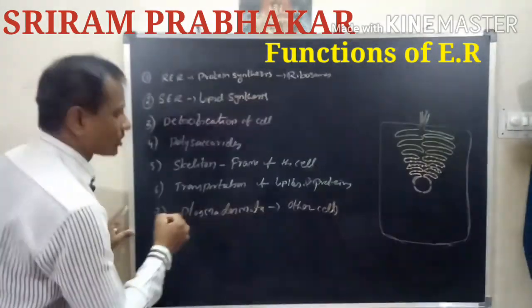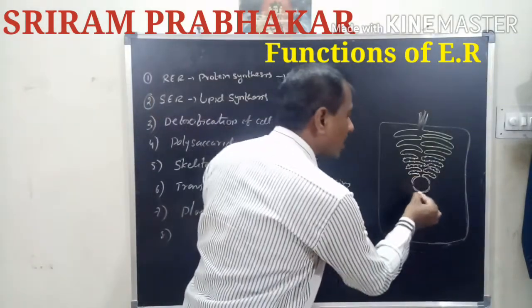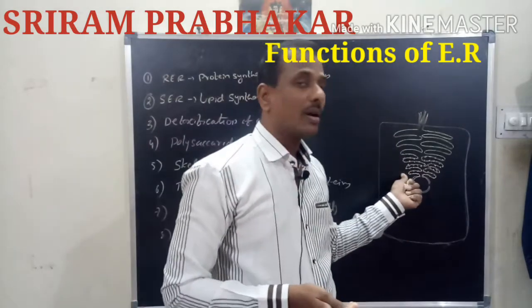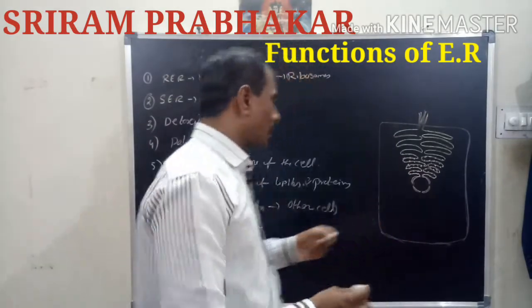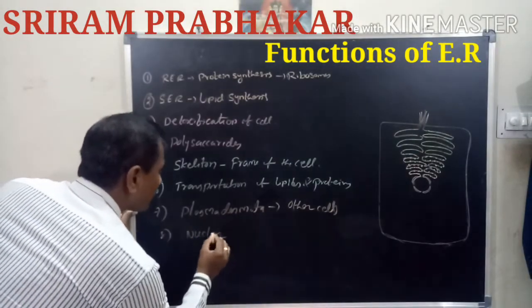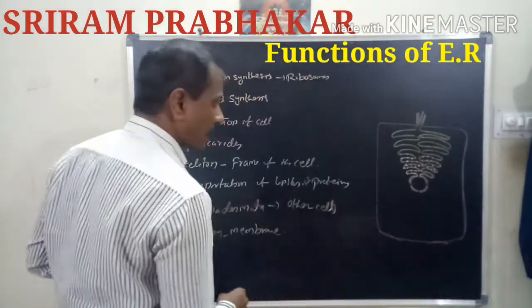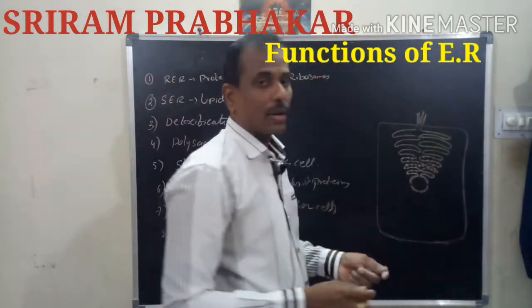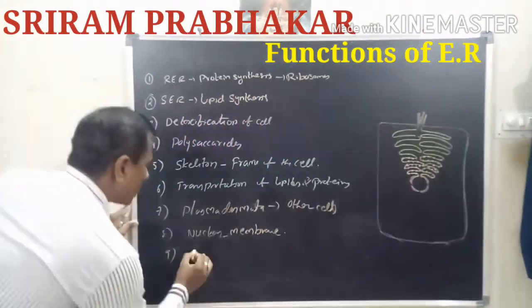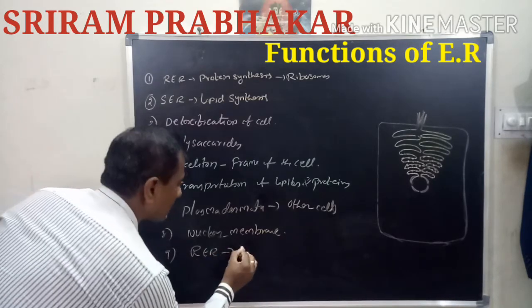Then next one. Some scientists said that the nuclear membrane is generated or synthesized from the endoplasmic reticulum. That means the endoplasmic reticulum gives the nuclear membrane. It can help in the formation of the nuclear membrane. Then next, the endoplasmic reticulum can change into other forms. That means the rough endoplasmic reticulum changes into smooth endoplasmic reticulum.